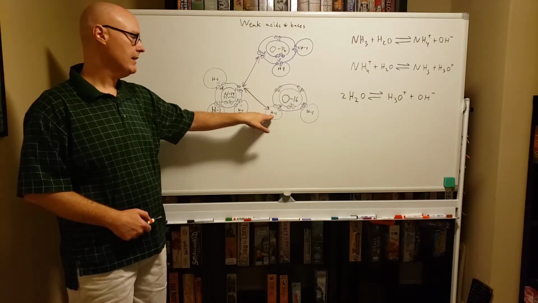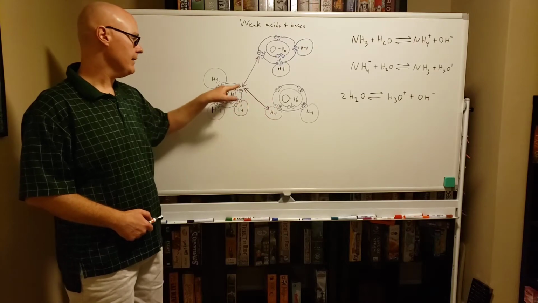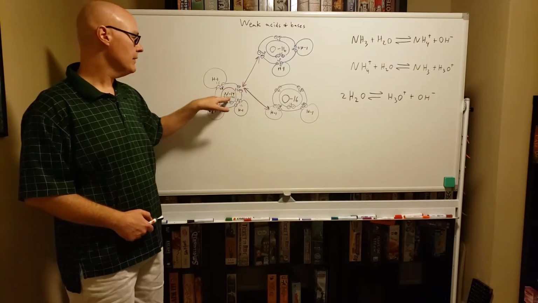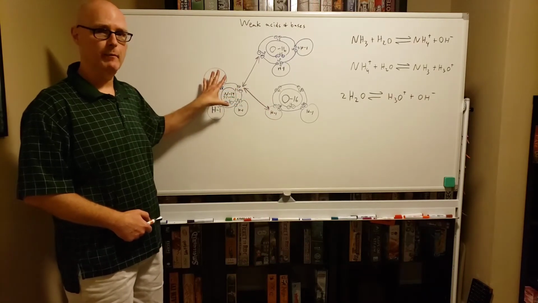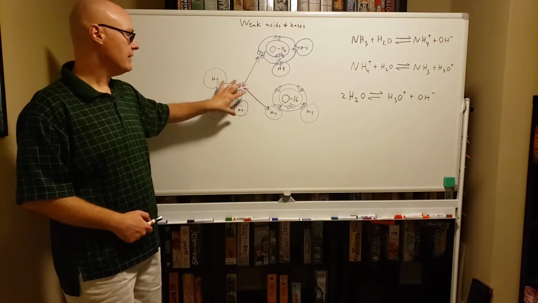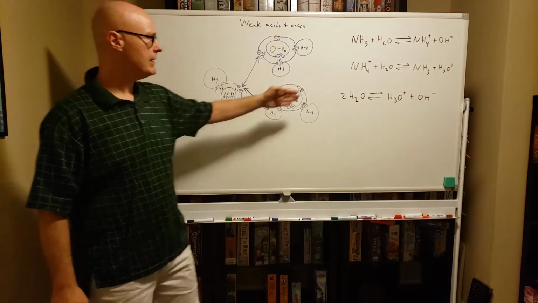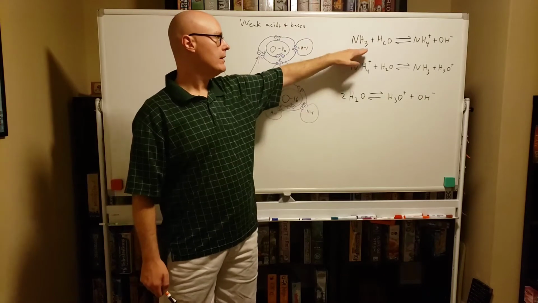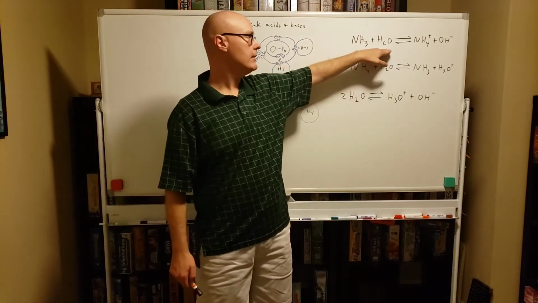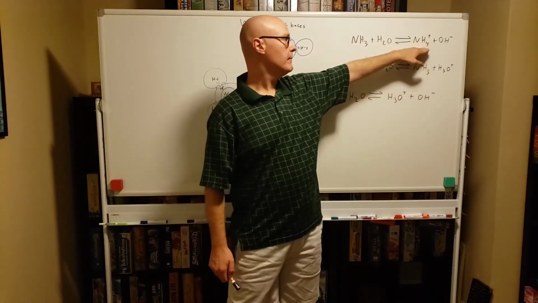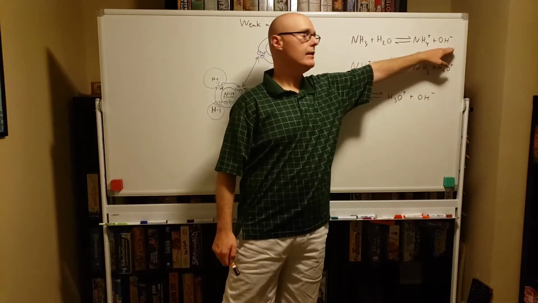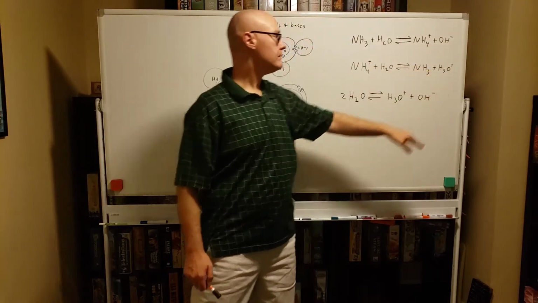So this hydrogen might rip off of this guy and attach itself to the ammonia, becoming ammonium. That would be described by this equation, where the ammonia plus the water is going to become ammonium and hydroxide.